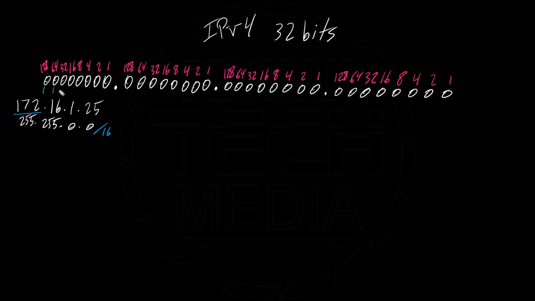16 bits are network bits. Let's count: 1, 2, 3, 4, 5, 6, 7, 8, 9, 10, 11, 12, 13, 14, 15, 16. This is the decimal value of the subnet mask.